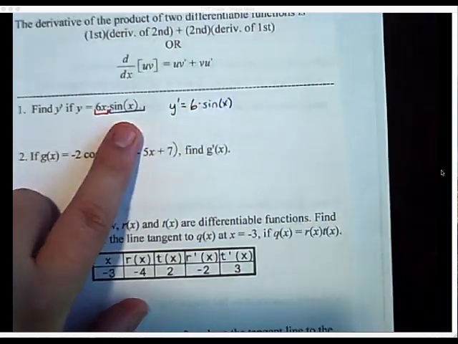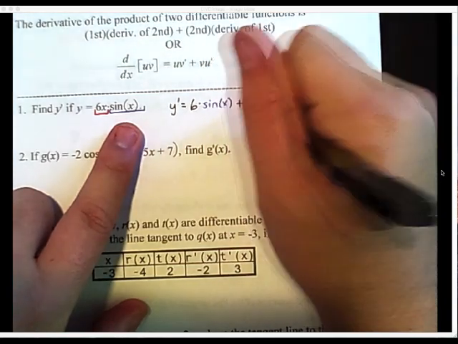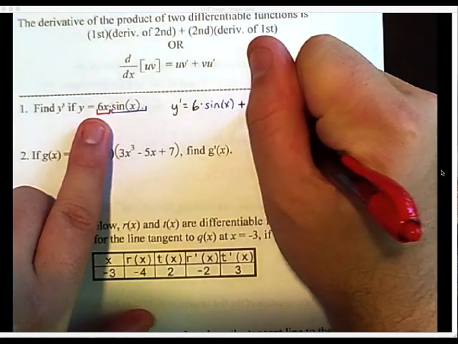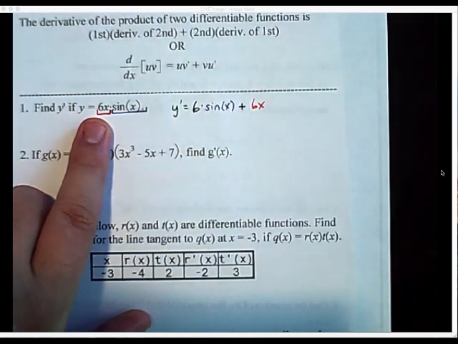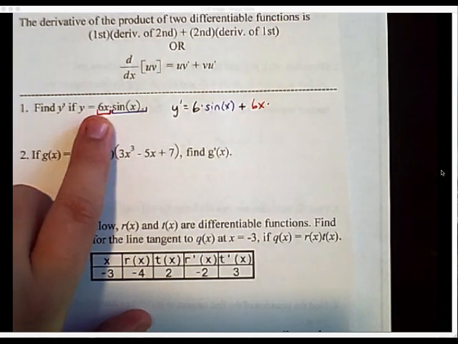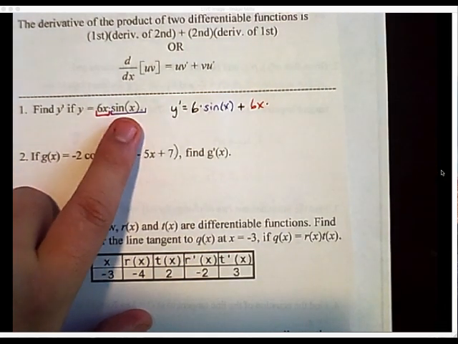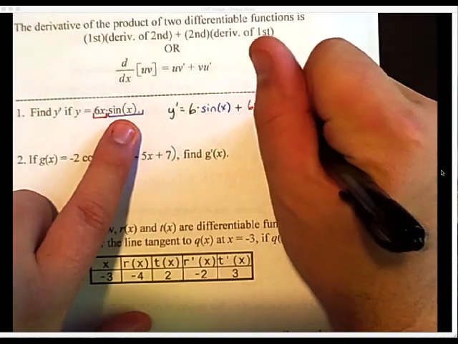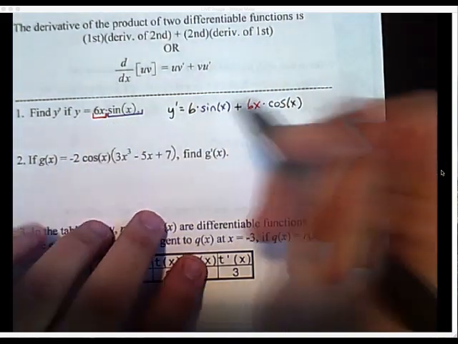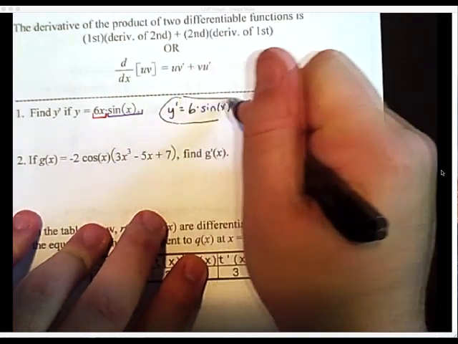Then it's always a plus the first term, which is the entire 6x, times the derivative of the second. What's the derivative of sine of x? Hopefully you remember that's simply the cosine of x. So that's what the derivative function would be.